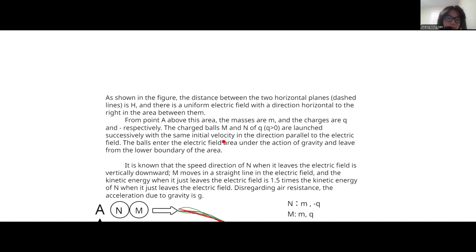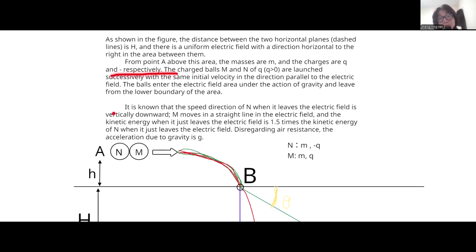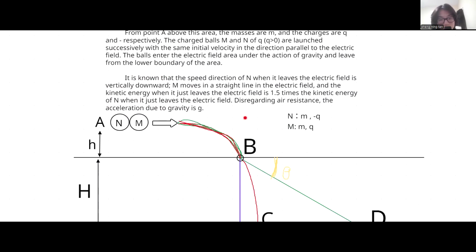The masses are the same, which is m, and the charges are Q and negative Q, respectively. It is known that the speed direction of N when it leaves the electric field is vertically downward.